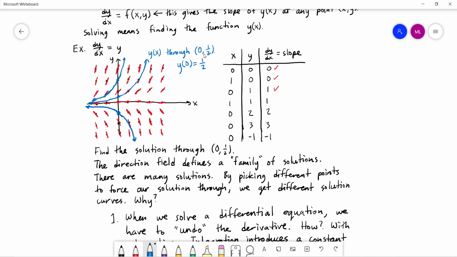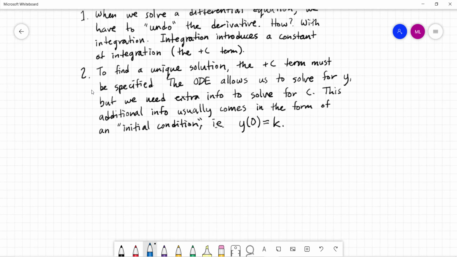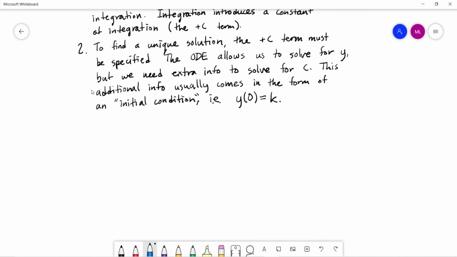Therefore, it passes through the point 0, 1/2. And hence we get this particular solution right here. So this is the idea. A direction field will give us the whole family of solutions, but if we want a unique solution, we need to pick a specific initial condition that will allow us to find a specific solution.